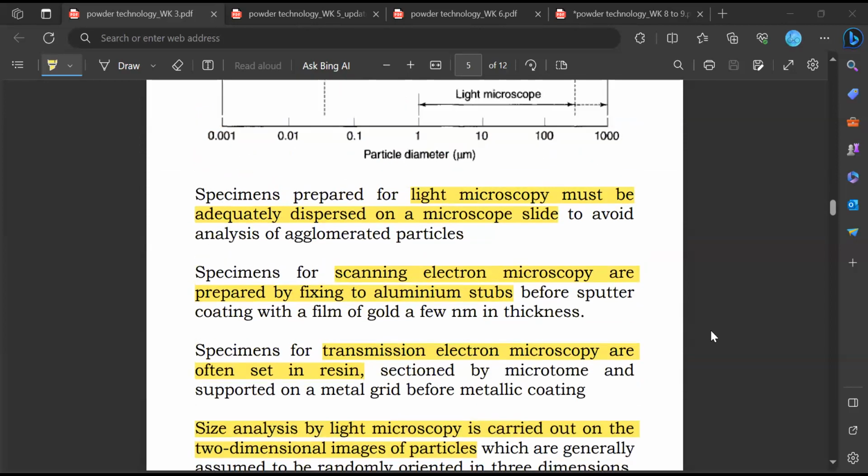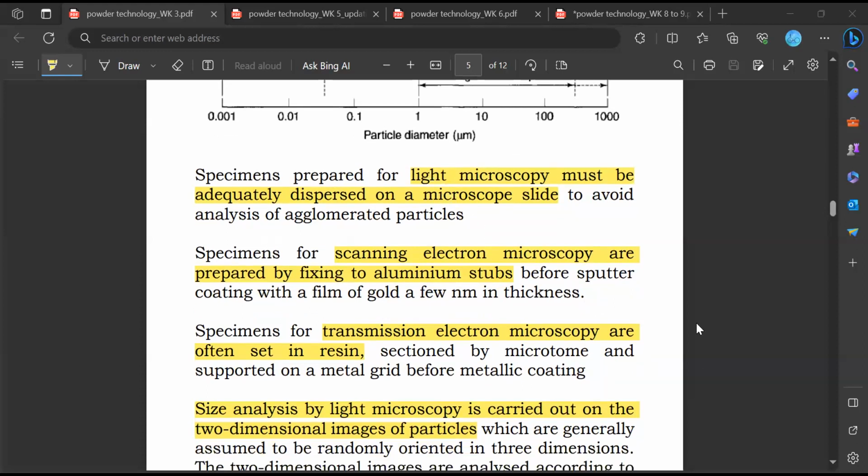The next is microscopic methods. There are 3 types of microscopy: light microscopy, where the sample is usually dispersed on a microscope slide; second, scanning electron microscopy, where the sample is usually fixed on aluminum stubs; and third, transmission electron microscopy, where the sample is often set on resin.